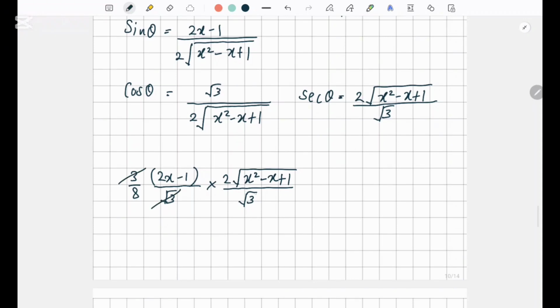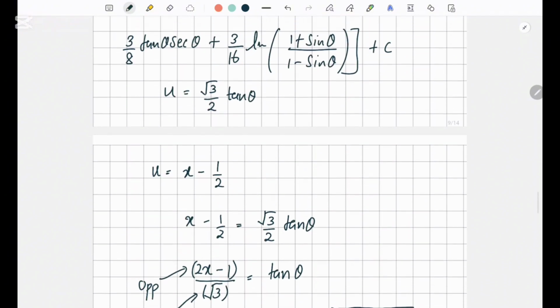You can see these will cancel off and we have 2x minus 1 over 4 into root x squared minus x plus 1, right, plus 3 over 16 ln.